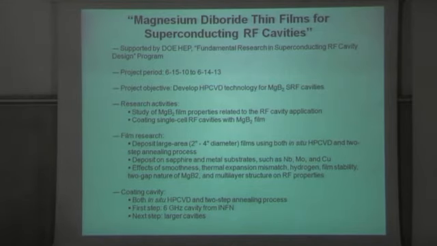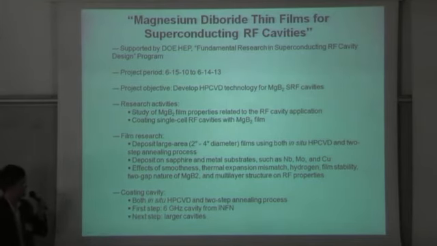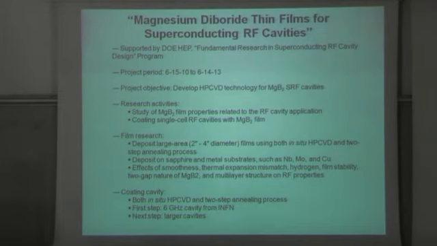In the proposal, we promised to coat cavities that will be provided by collaborators in other labs. But later we found that, if we talk about coating cavities, we will first coat the 6 gigahertz cavity that's provided by ANSO here, because it's smaller, it's easier. We don't have to build a new setup. We can use the existing setup to coat it.